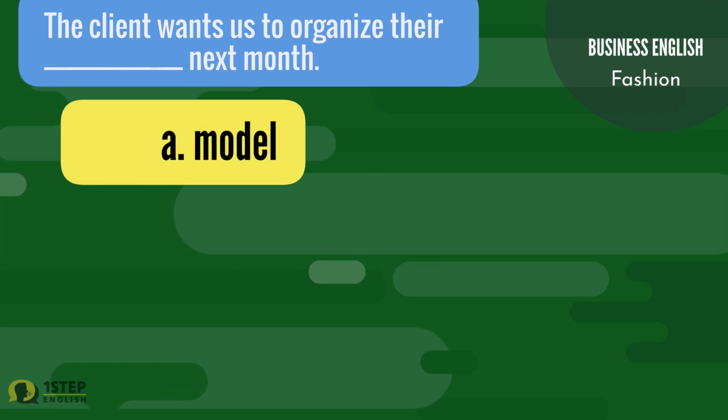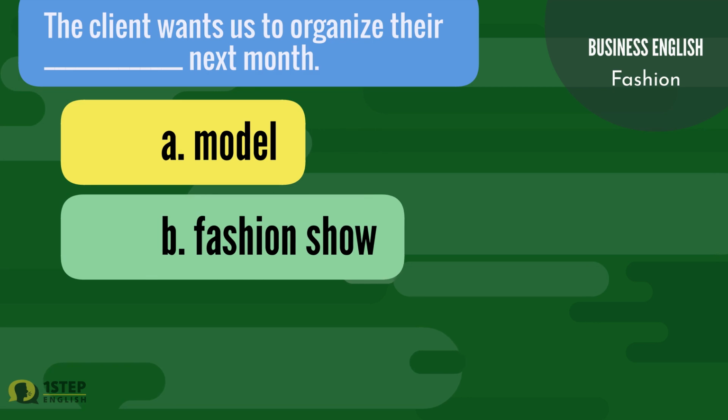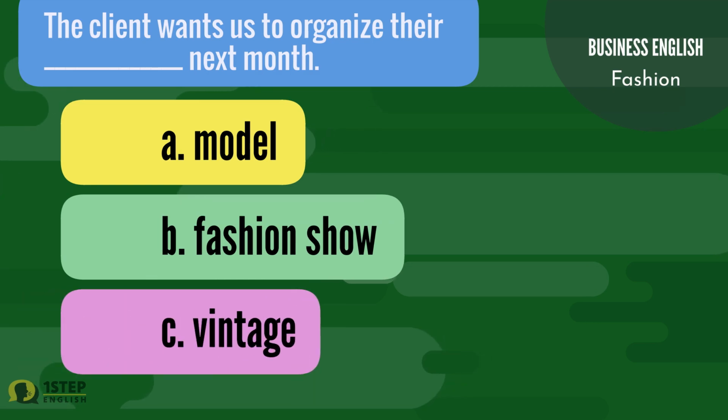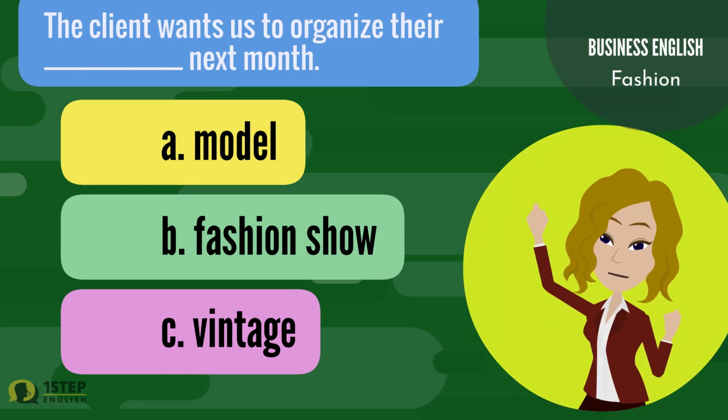Letter A. Model. Letter B. Fashion show. Letter C. Vintage. The correct answer is letter B. Fashion show. The client wants us to organize their fashion show next month.